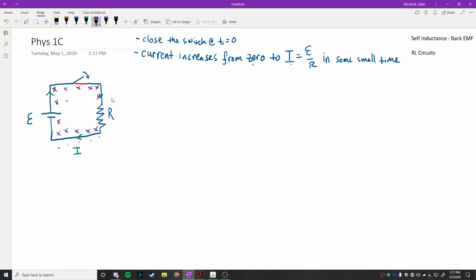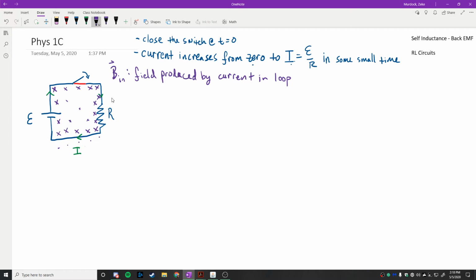Maybe the field's a little bit weaker as we get to the center here, but there's definitely going to be magnetic field lines going through this loop, right? This is the magnetic field produced by the current in the wire. So the current increases from 0 to this.